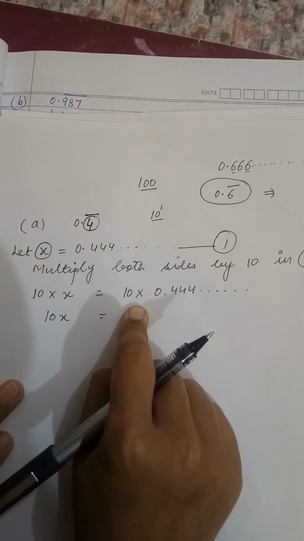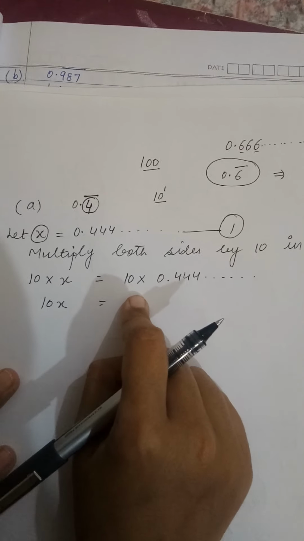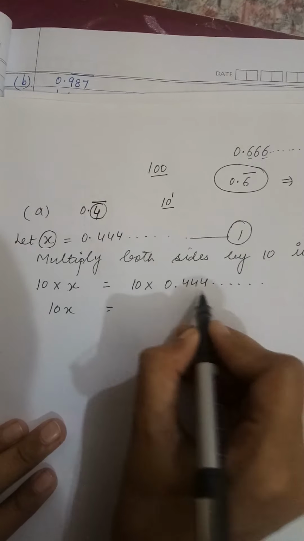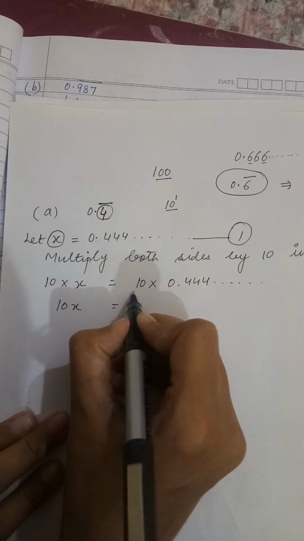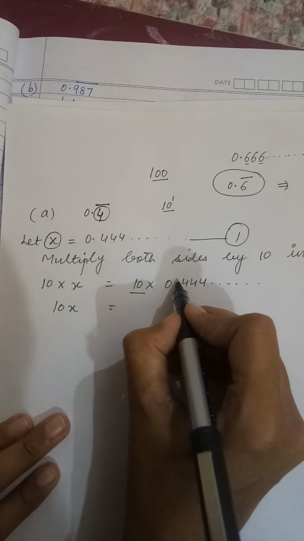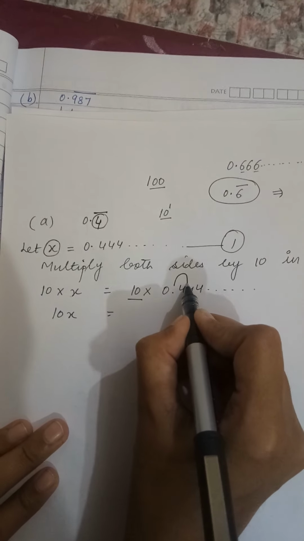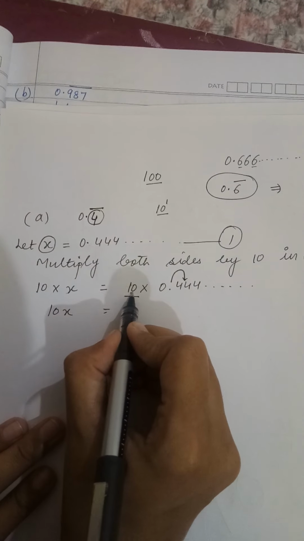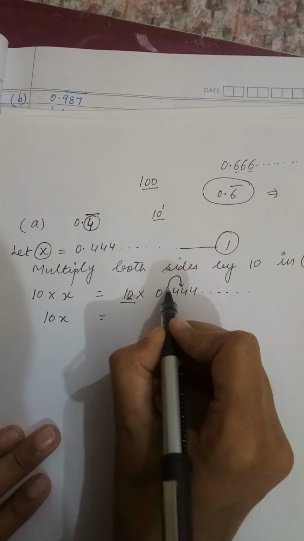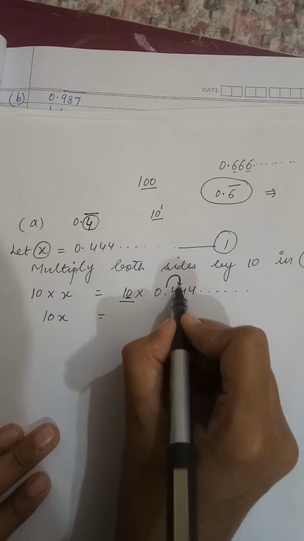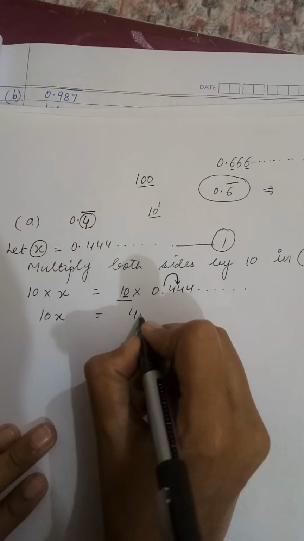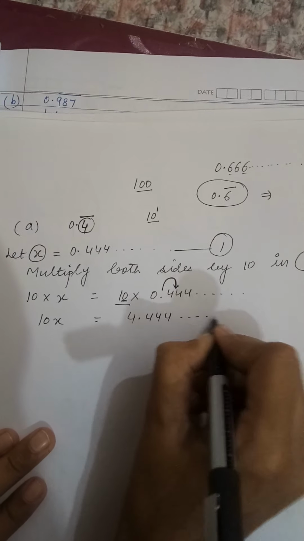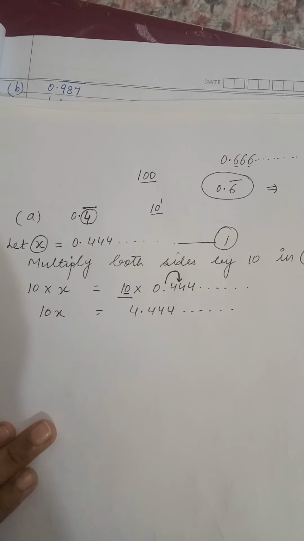Now we have done this already in the decimals chapter. When I have to multiply a decimal with a power of 10, I am going to shift that decimal one place ahead, because how many zeros do I have here? 1. So this decimal is going to shift one place ahead. So this will become 4.444 and so on. I hope it is clear to you.